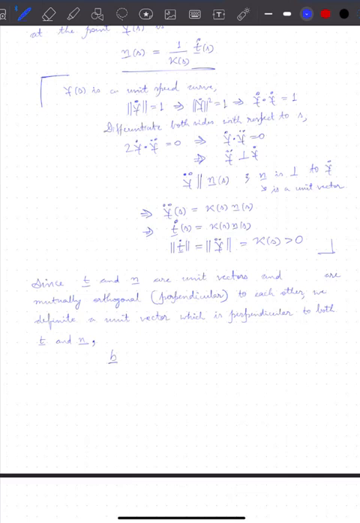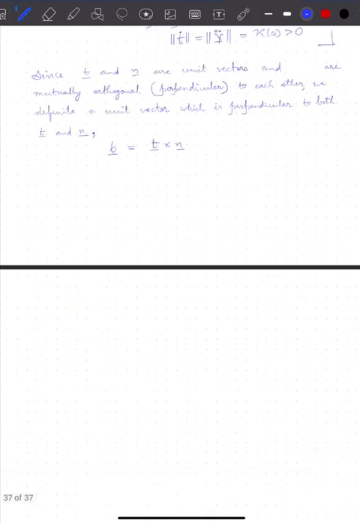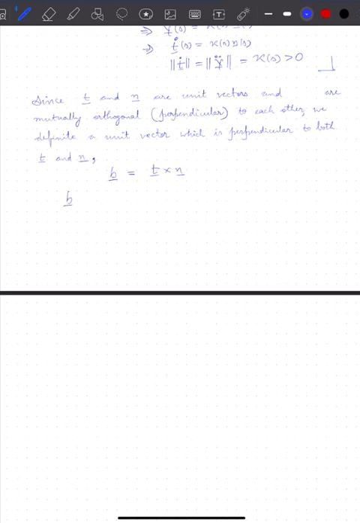So that's why we have the b vector equal to t vector cross n vector. Now, b vector of s is called the binormal vector of gamma vector at the point gamma vector of s.